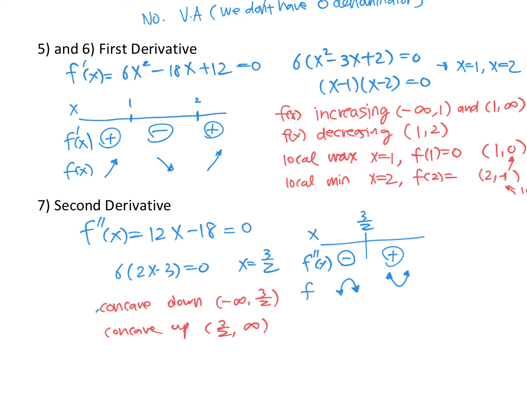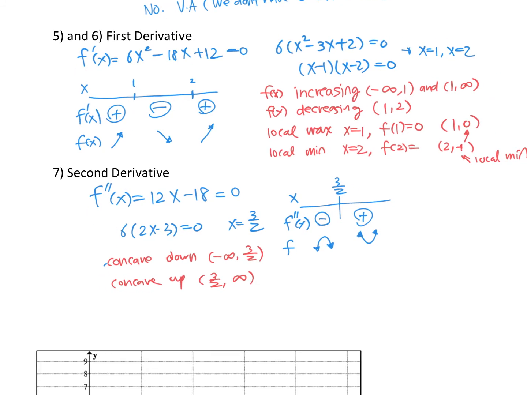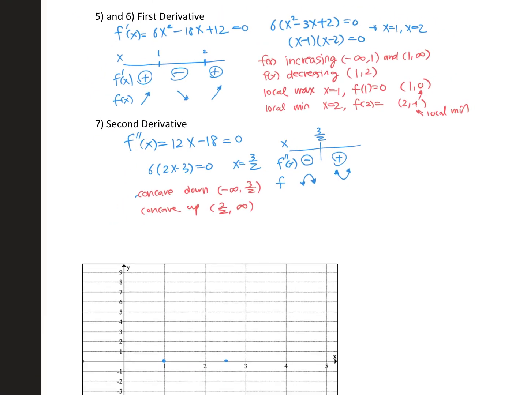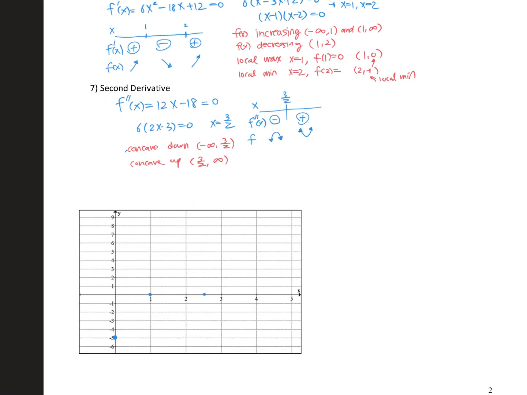All right, so it's a lot of information, I know. Let's see if I can put it all together. So my function is increasing from here all the way to 1. But does it increase the concave up way, or the concave down way? Well, according to here, up until 3 over 2 is concave down. So it's increasing concave down like that.